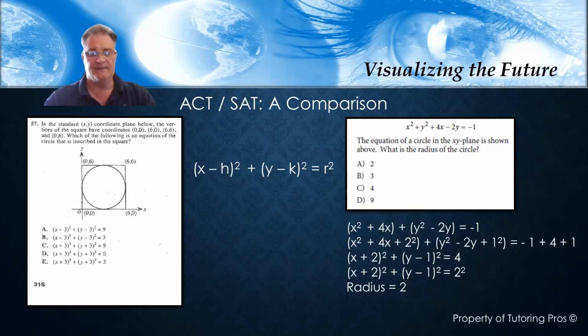Let's take the examples that I have here, because what I want you to see is how the exams ask the same ideology, but just differently from one another. On the left-hand side, notice we have a graph, and that graph has all the coordinate pairs on it with a circle transcribed inside a square.